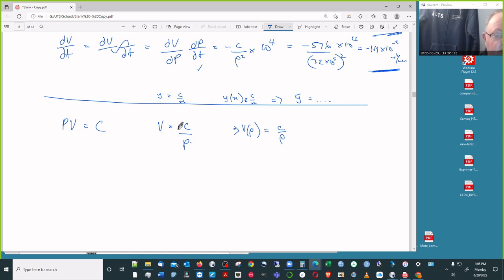Okay, so this is the transition bit here that I think might be a bit tricky. When you get a basic equation like that, recognize that because C is a constant, V is going to be changing because of whatever P does. So in other words, V is dependent on P. So it's just like this idea. Okay, there's no doubting you understand that.